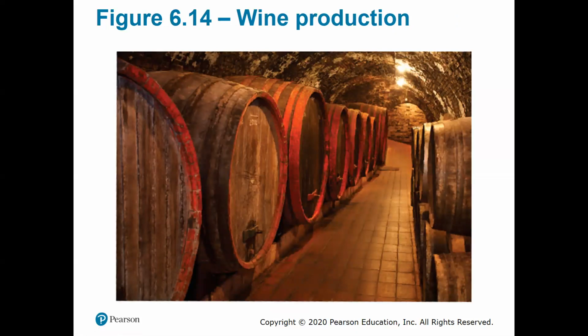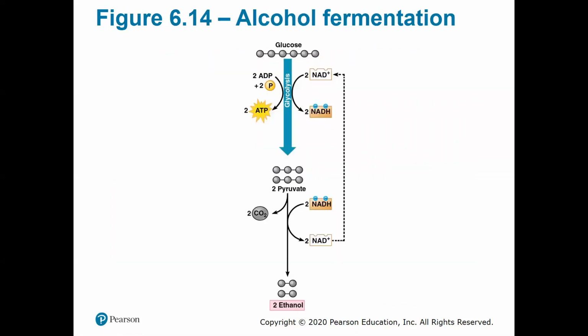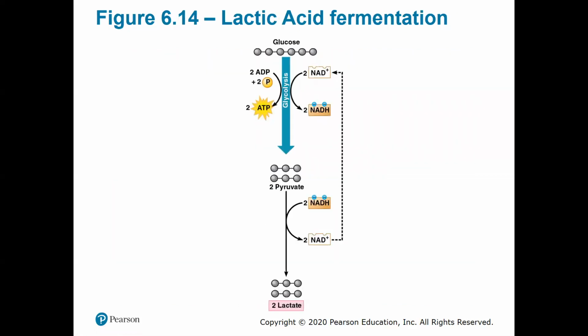This is just a picture of wine production. So the question is, how does this relate to humans? Lactic acid fermentation occurs in our muscle cells. You ever wonder why when you work out or you're running or you do any physical activity, your muscles hurt?